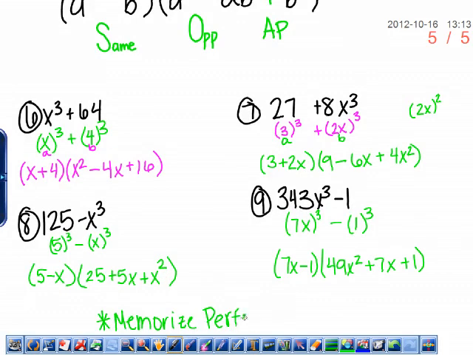So here's how this will show up. On Friday, when it's about time for your quiz, I'll first pass out one sheet. After everyone has it, you'll flip it over. You'll have 90 seconds to complete the perfect squares and the perfect cubes, okay? They will be jumbled up a little bit, not factoring, just recognition.